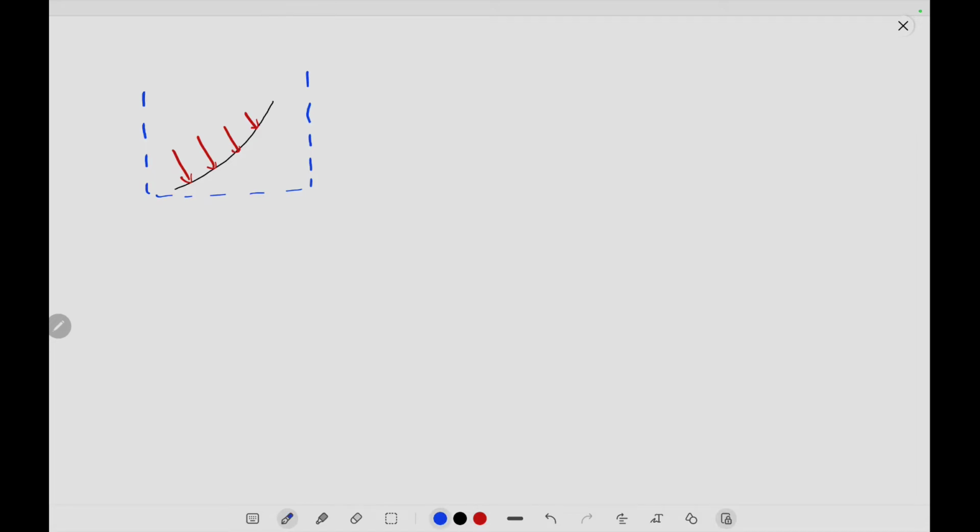If you only take one surface and you find the net force, will that force only be because of the weight of this surface? Is that correct or not?